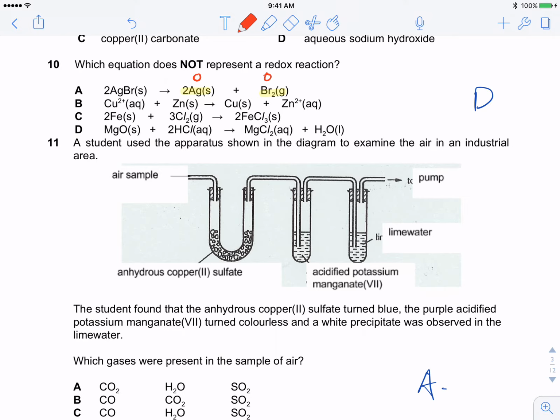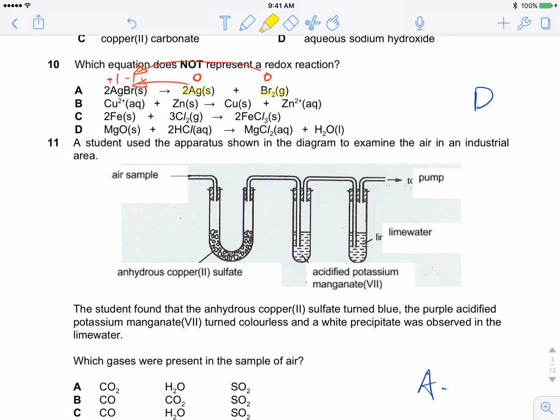Why? Because when it reacts and ends up in a compound, it cannot still have the oxidation state number of 0. So for instance, here, silver becomes silver 1 plus, bromide becomes -1. So there's definitely a change in oxidation state number.